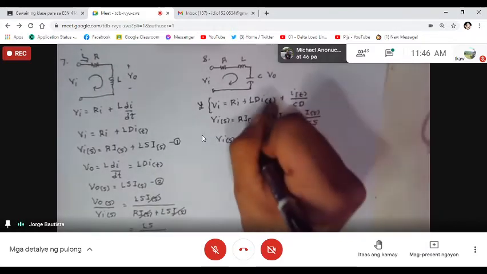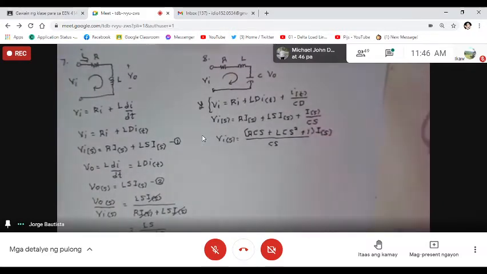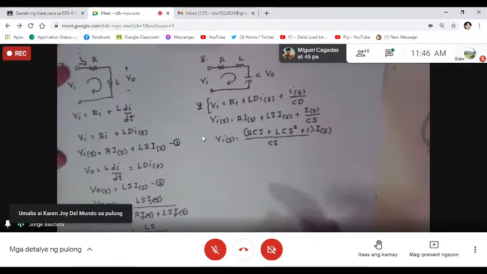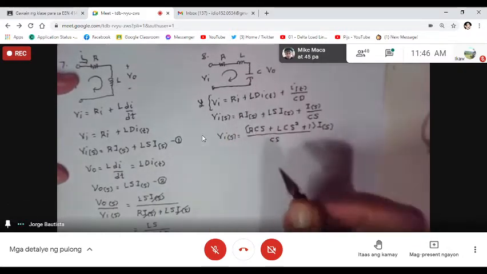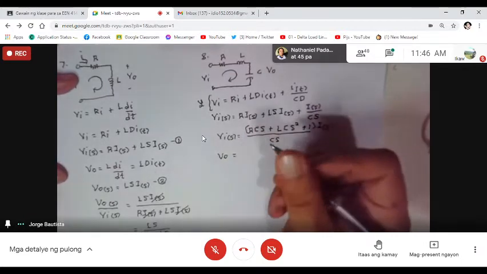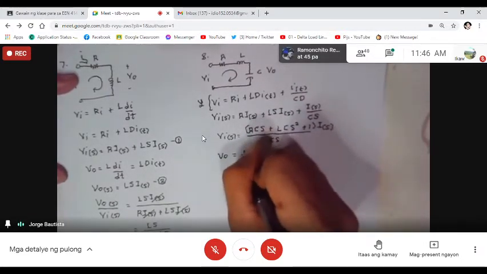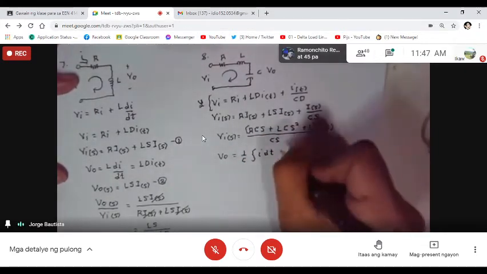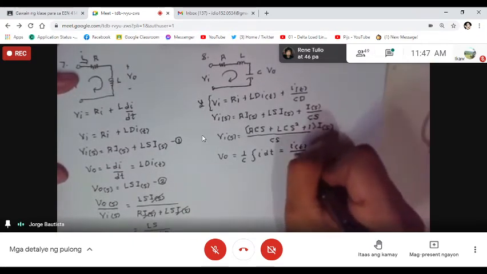Tapos, common yung I sub S, nilabas ko lang. Yan. Okay, so that is I sub S. Next, sa output, kinuha yung output sa capacitor, so that is V sub O, no? Is equivalent to, so paano nangyari yun? O, di ganito, so 1 over C, di ba? Integral of I dt, di ba? Ganyan yan. So, kaya naging I sub t all over C D.